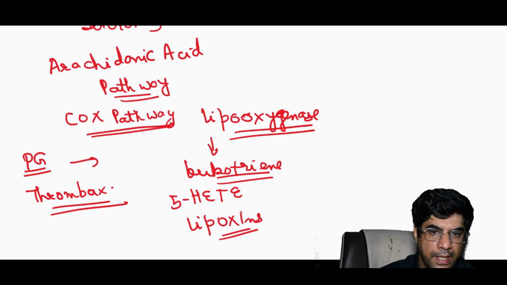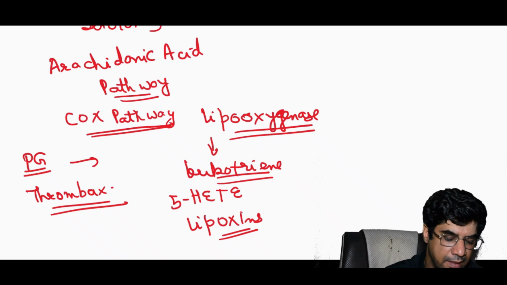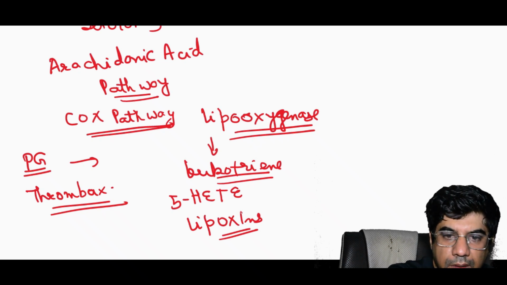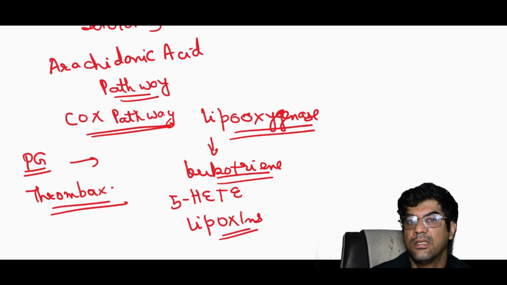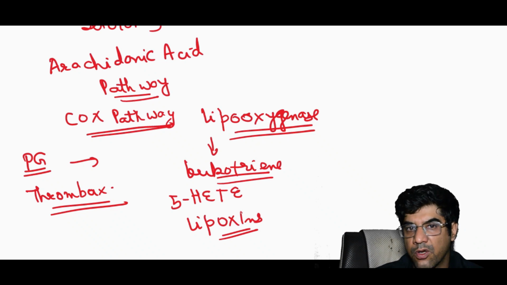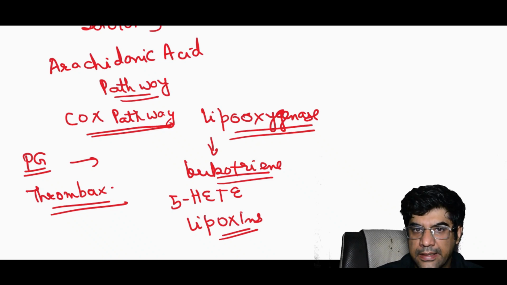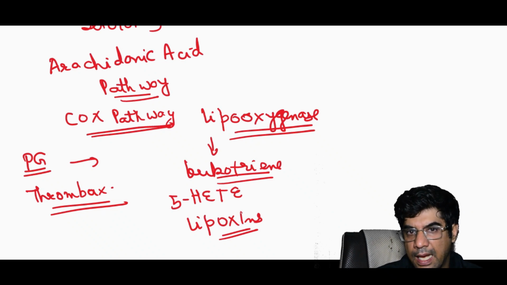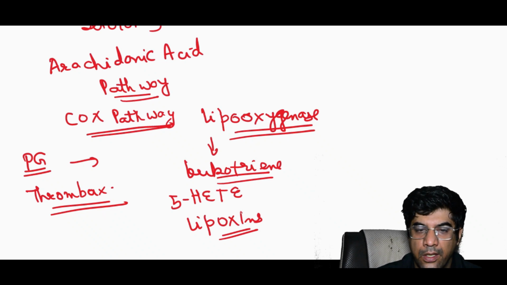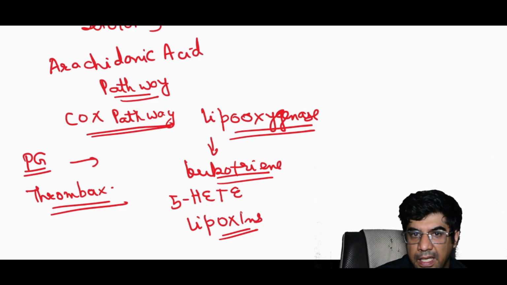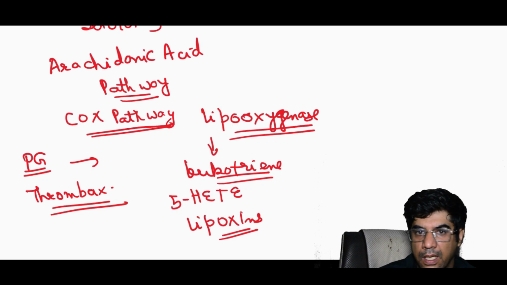They are involved in causing fever, pain, and the vasodilation. Third could be lysosomal components that are released from the neutrophils, macrophages. They contain enzymes that degrade the cellular debris. The fourth are the platelet activating factors. Fifth could be cytokines like interleukin 1, tumor necrosis factor alpha, interferon gamma.